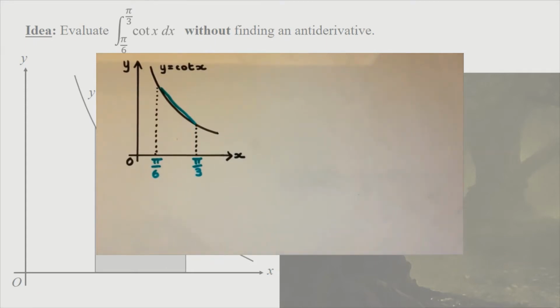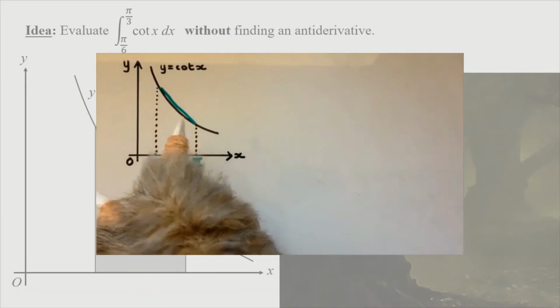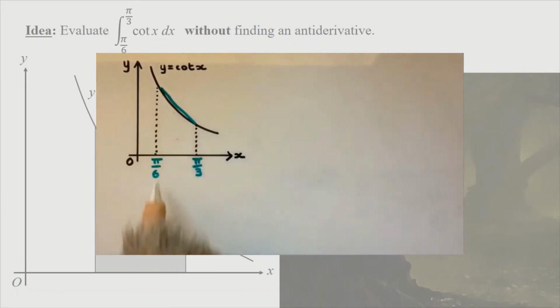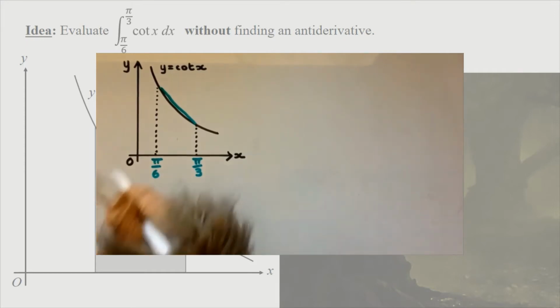Let's do that. I'm going to call the region that's bound by this straight line I've constructed here, the line x equals pi over 6, the line x equals pi over 3 and y equals 0. That region that's bounded, which is just slightly different to the definite integral, we're going to call R.